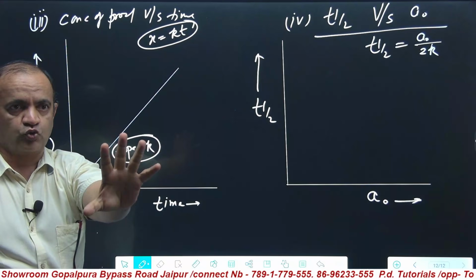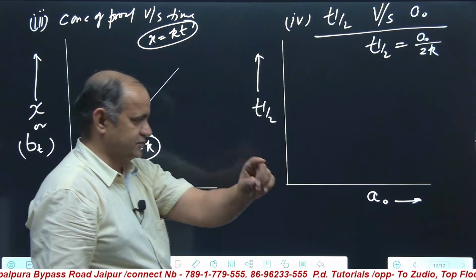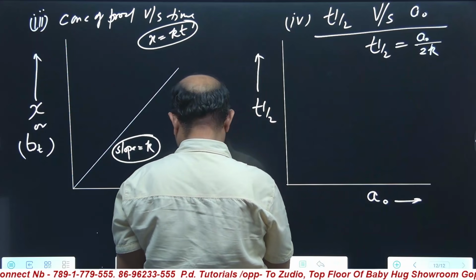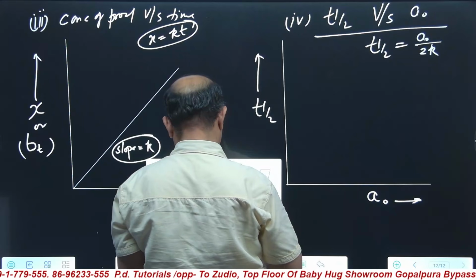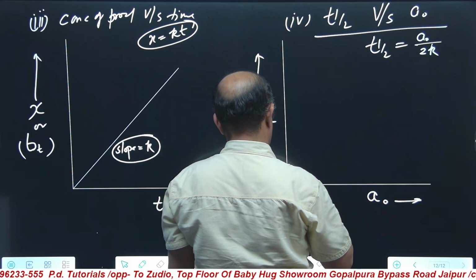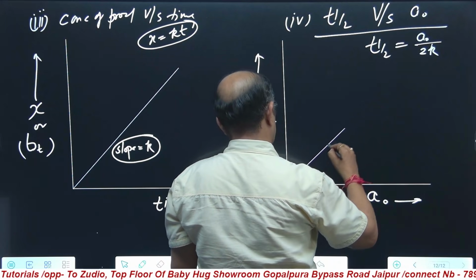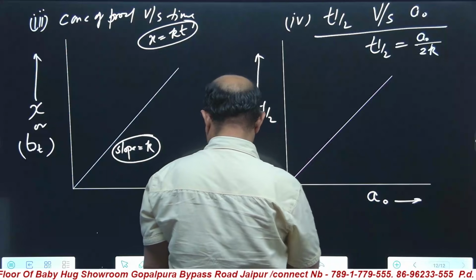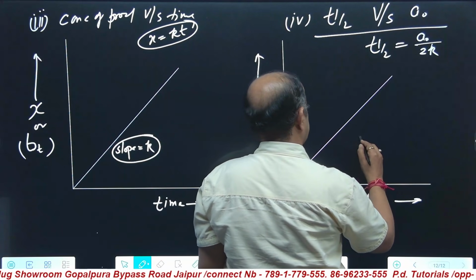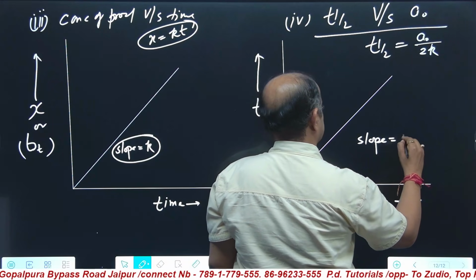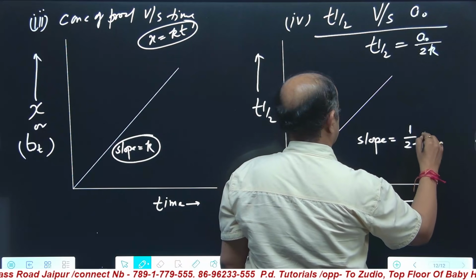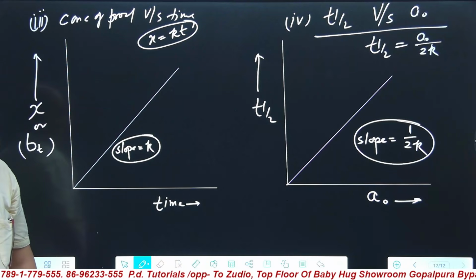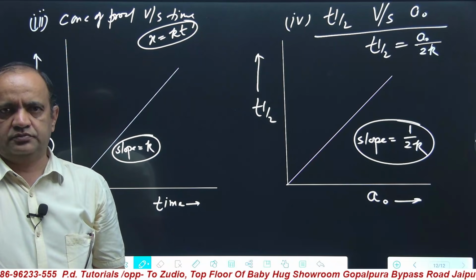Okay, what is its slope? 1 upon 2K. Good. So we have made the 4 graphs of zero order kinetics.